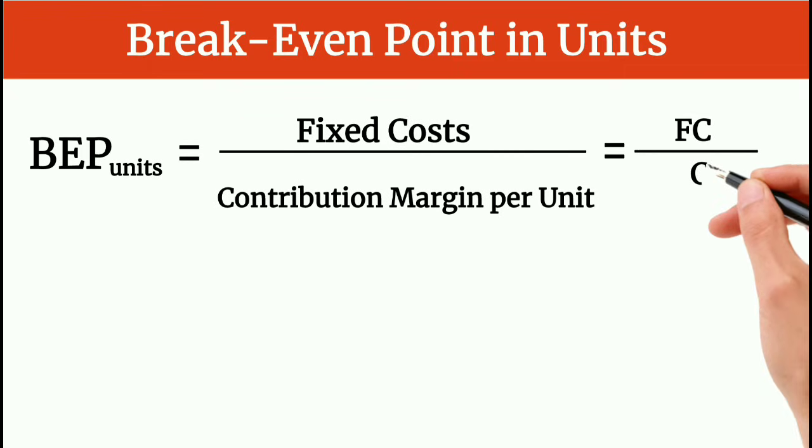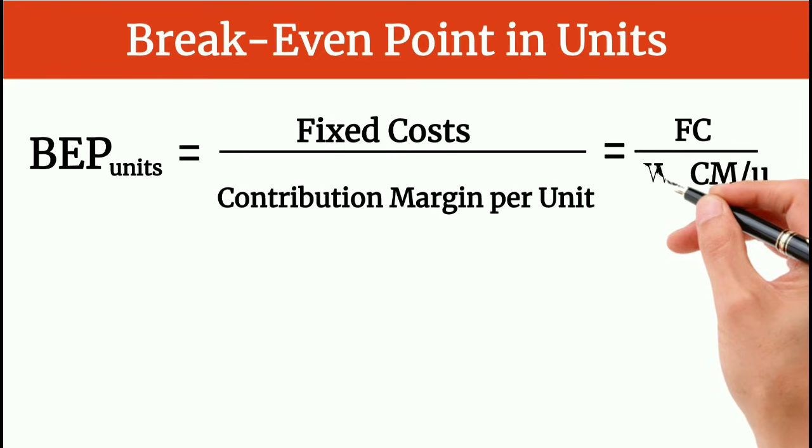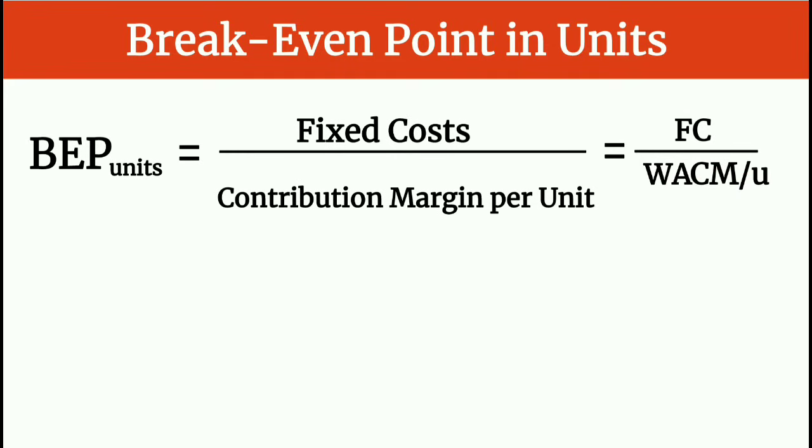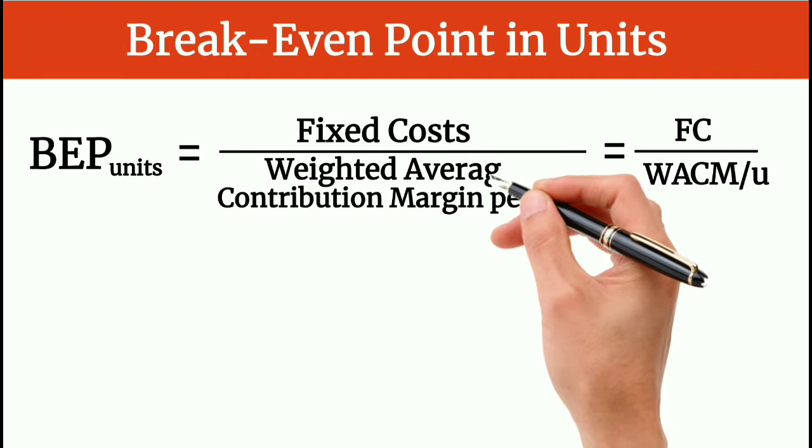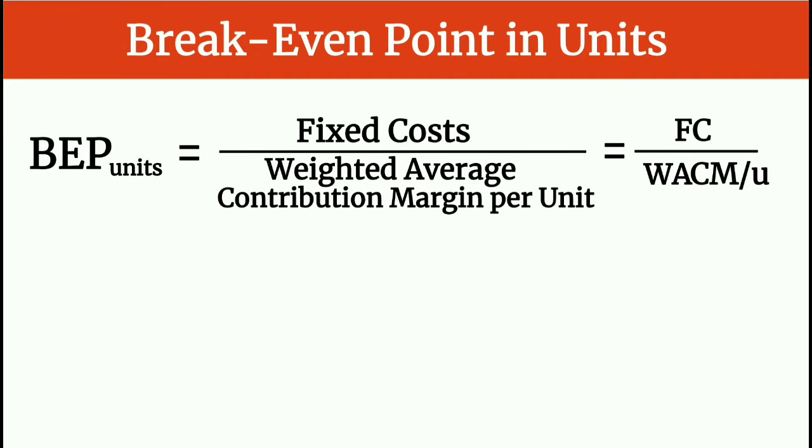FC divided by CM per U. Sa multi-product break-even analysis, ganun din, except that the denominator is WACM per U or weighted average contribution margin per unit. So, kukunin natin yung weighted average ng contribution margin per unit for each product.